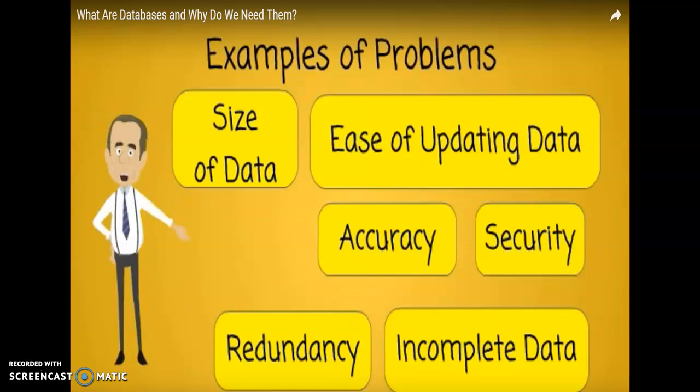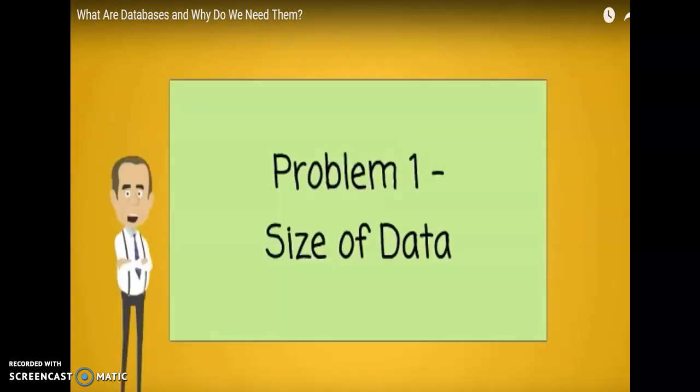Examples of problems are size of data: if you go on increasing the size of data, there comes a problem in the file system. If you go on updating the data, there comes a problem too. Then accuracy, security, redundancy, incompleteness of data. All of these are problems faced while using the file system.